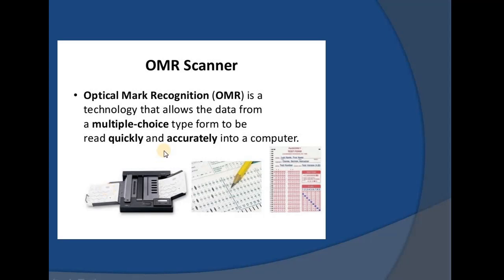The advantage is that it can scan tens of thousands of answer sheets in 1 hour. Imagine lakhs of students appearing for CET and other examinations, so the evaluation has to be done in very little time. That's why we use the OMR scanner with multiple choice questions.